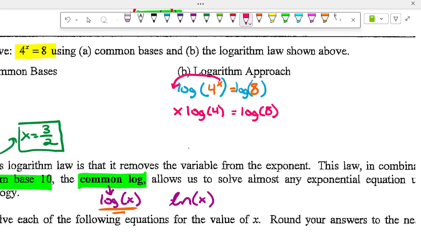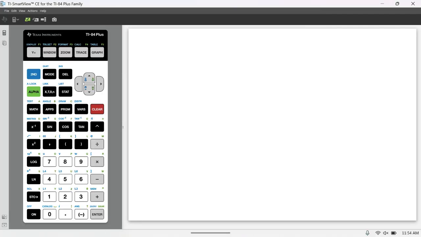Now, even though this looks like it is the most complicated thing in the world, guess what? This is almost the same thing as 2x is equal to some number. Because log of 4 is a number. All right, don't believe me? Well, if I put this in my calculator, I'm going to hit the log button, type in 4.